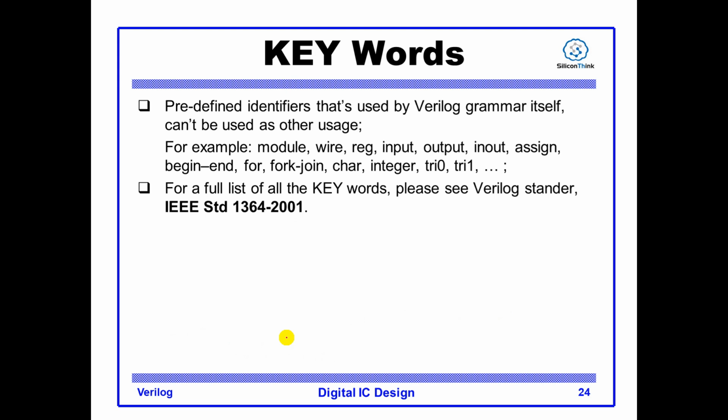Then keywords. Okay, there are some words reserved by the Verilog language. You can't use them as identifiers. There are other keywords. You can find them in the Verilog standard. I will show you an example.